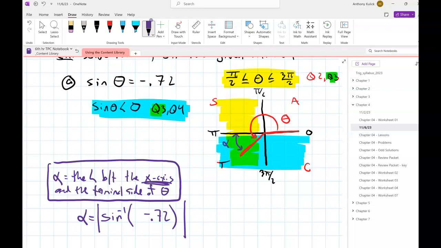Where did the negative 0.72 come from? Why sine inverse?